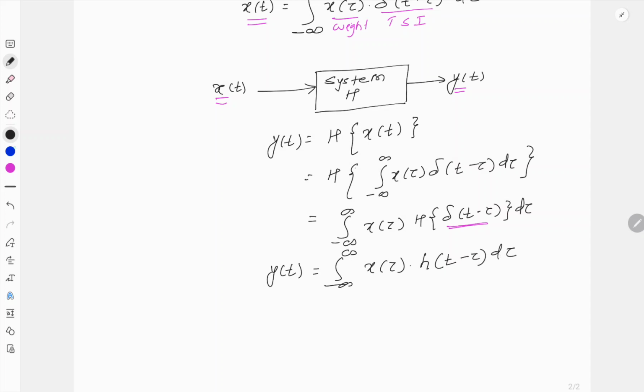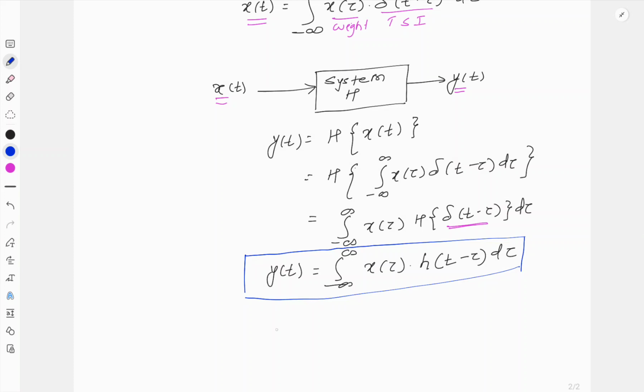So this equation represents the convolution integral. The meaning of this equation is that I can find the output for an LTI system for any input signal x of t, provided I know the impulse response of the system.